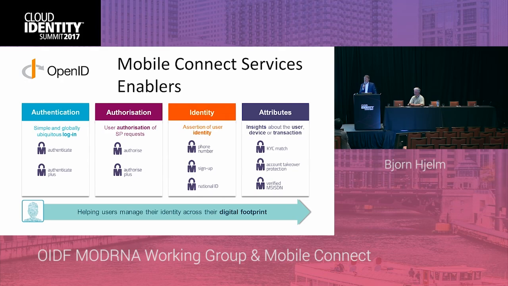For those who are not familiar with Mobile Connect, it has specified a set of service enablers: authentication, authorization, identity, and attributes. The purpose of the service enablers is to combine them for different use cases. For example, you could use attribute sharing in a case where you are trying to apply for a credit card using a mobile device.